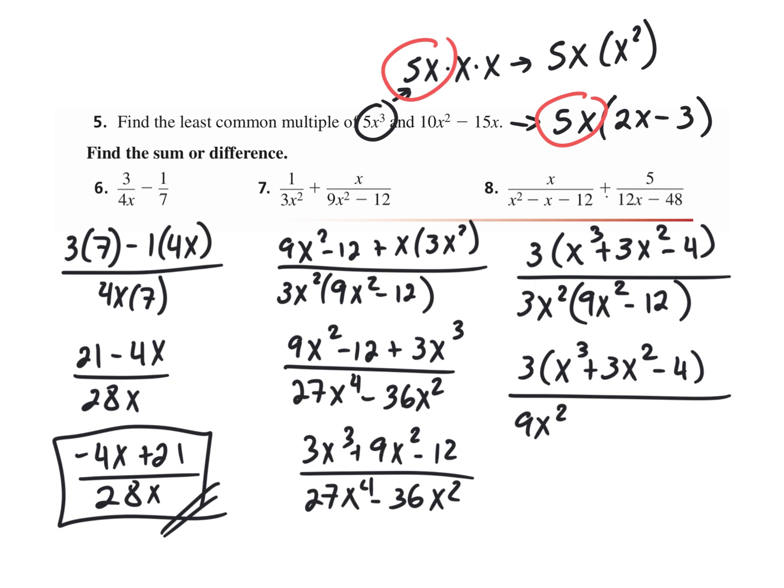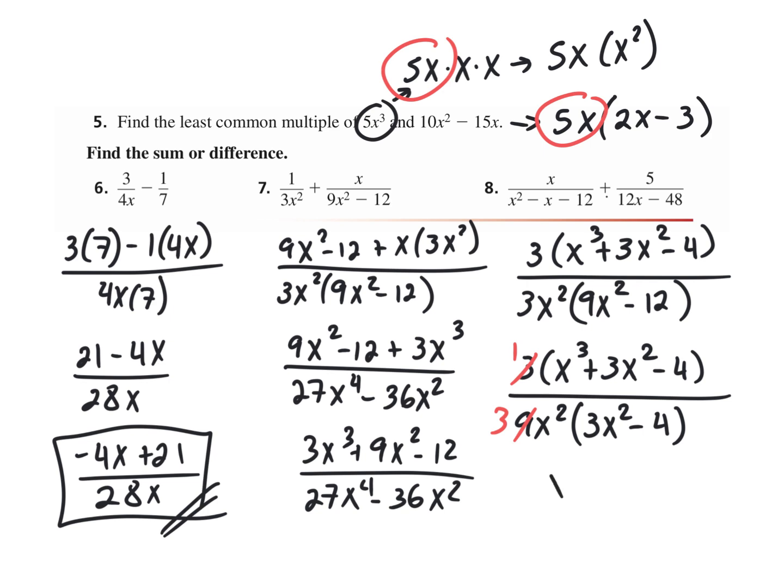It's going to become 9x squared. And then inside the parentheses, it's going to be 3x squared minus 4. Now, because we have a 3 and a 9 on the outside, I can actually end up simplifying those.